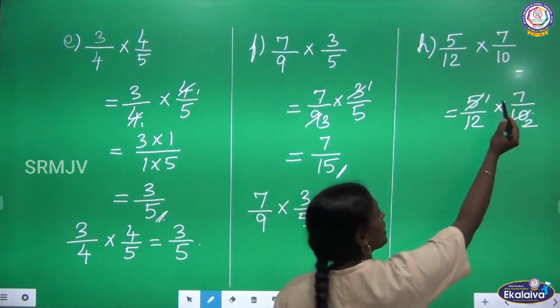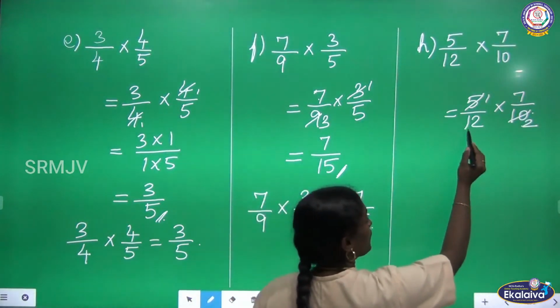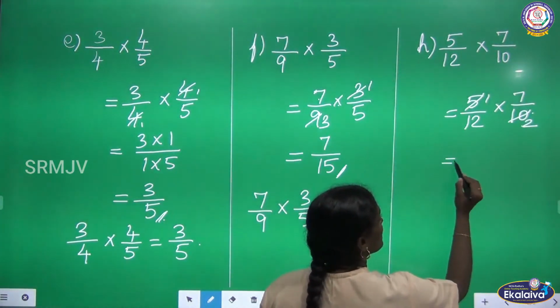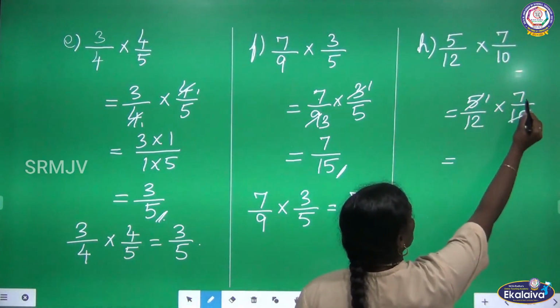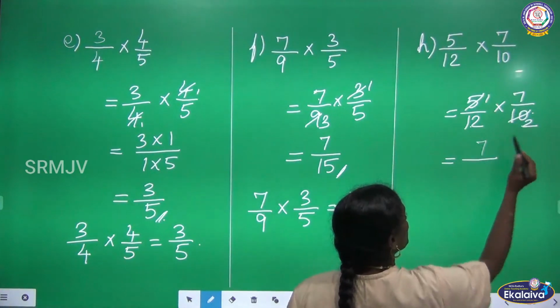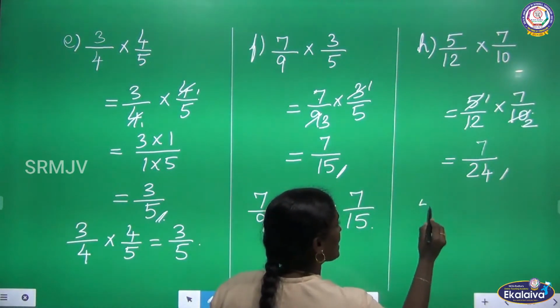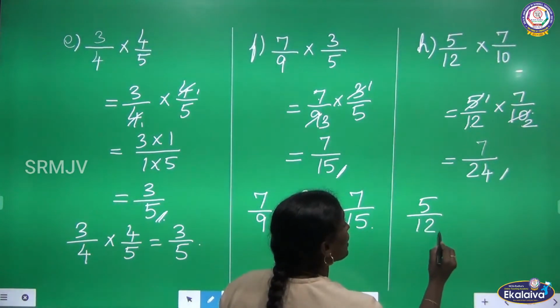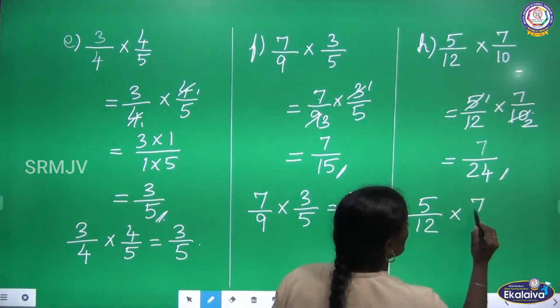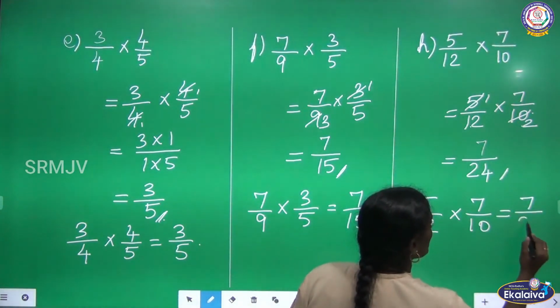No. In the numerator we are having 7 alone. 7 is a prime number. Here in the denominator, 2 and 12, it's not divisible. So we are going to multiply the numerator. 1 into 7, 7, divided by 12 into 2, that is 24. So 7 by 24 is the answer. 5 by 12 into 7 by 10 is equal to 7 by 24.